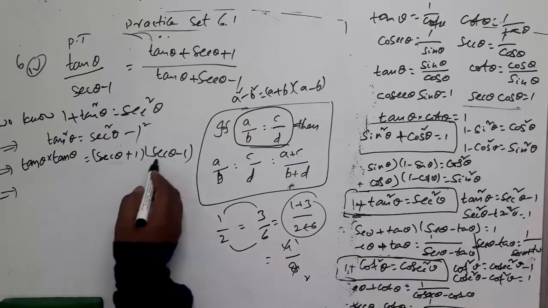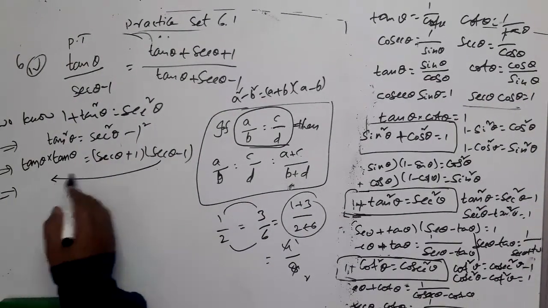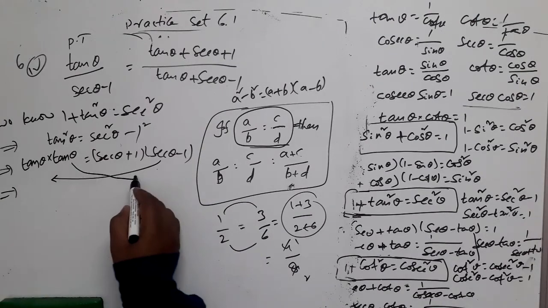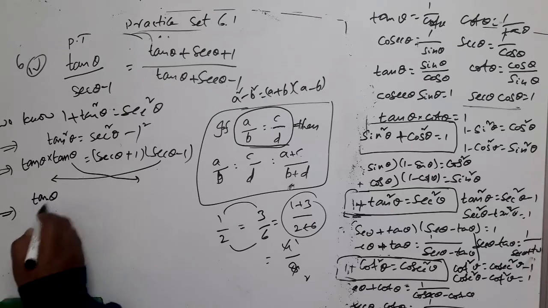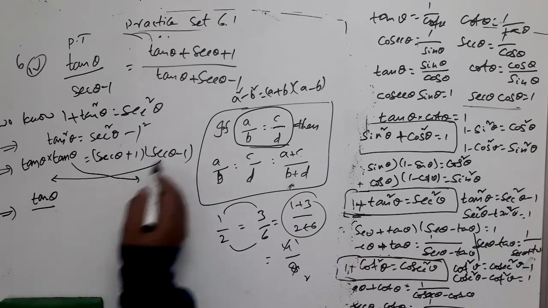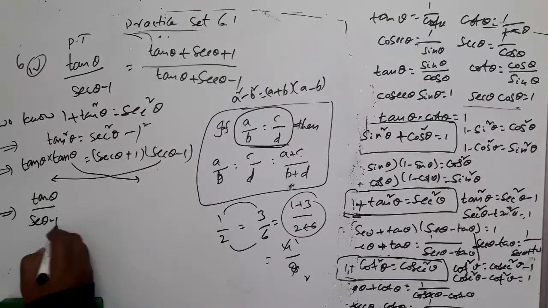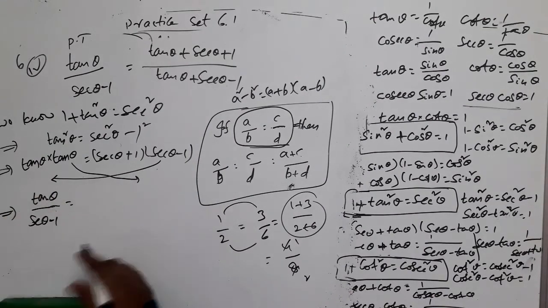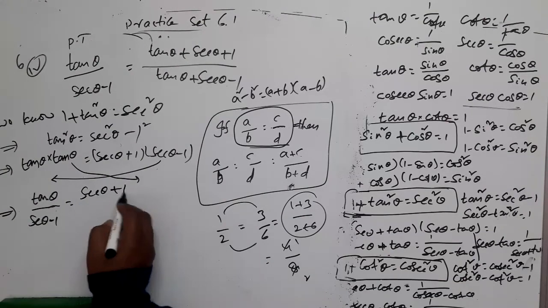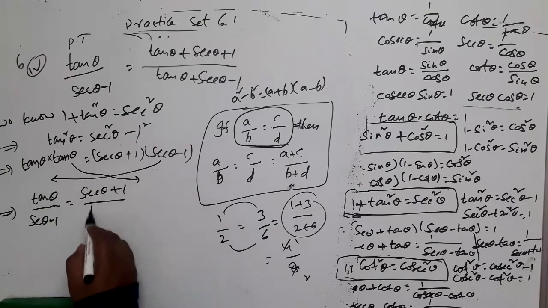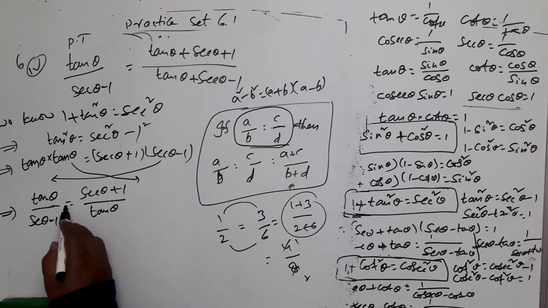See, I will bring this tan theta to the other side. What can I write? One tan theta I am leaving it like this, and secant theta minus 1 I am writing here in the denominator. To the other side, that will obviously be in the denominator, right? Again, I am leaving this numerator as it is, secant theta plus 1. I am taking that remaining term tan theta to the other side.